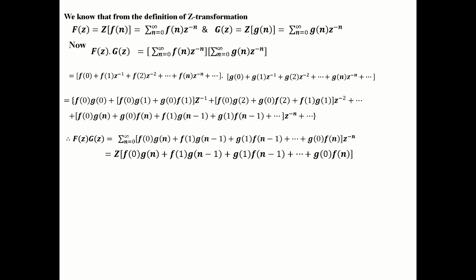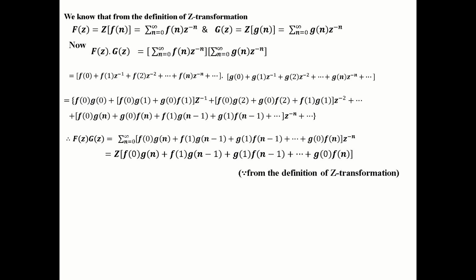Here you have the summation n equals 0 to infinity, then the function into z power minus n. The function is nothing but f(0)g(n) plus f(1)g(n minus 1) plus etc. etc. plus g(0)f(n). So that is nothing but Z of f(0)g(n) plus f(1)g(n minus 1) plus etc. etc. plus g(0)f(n).